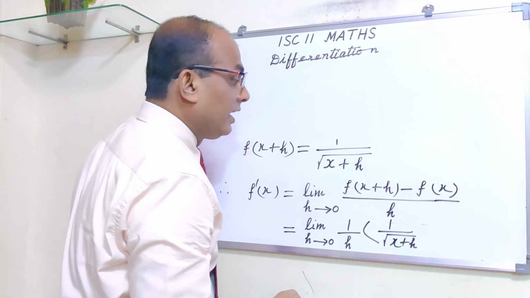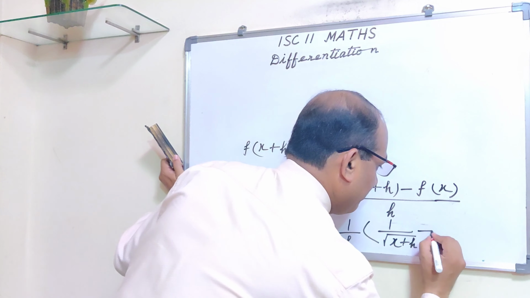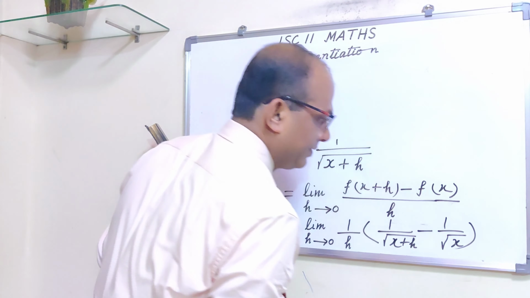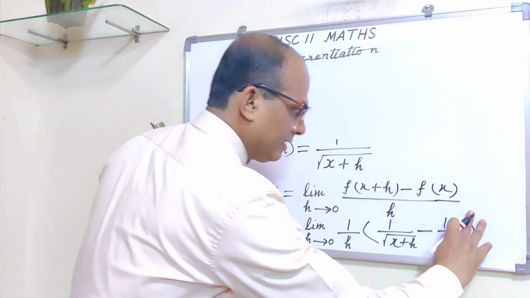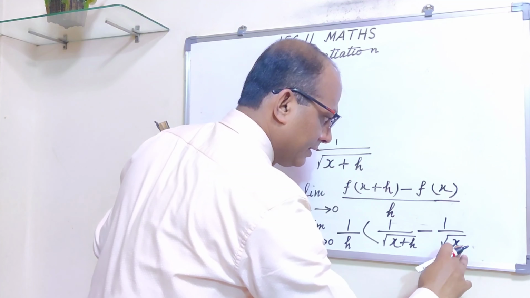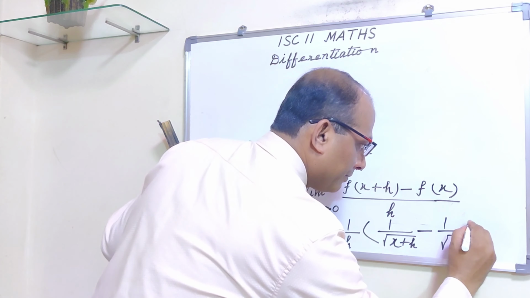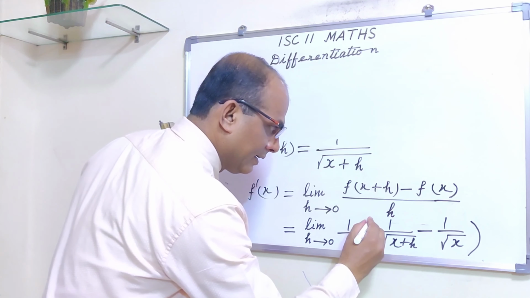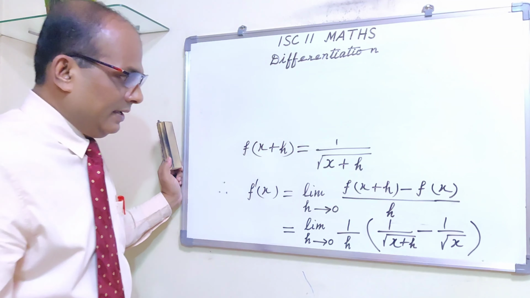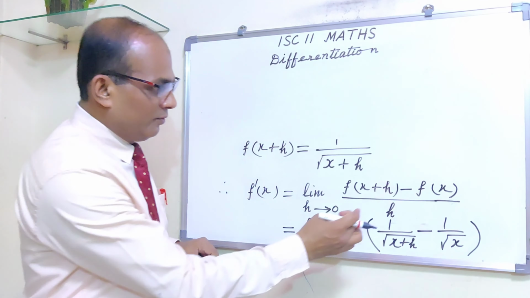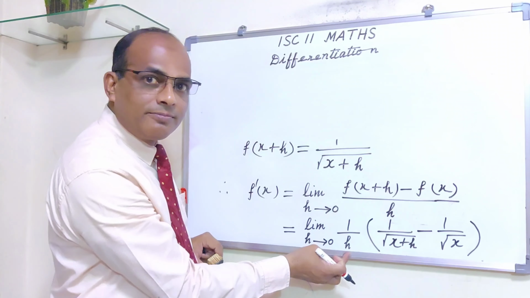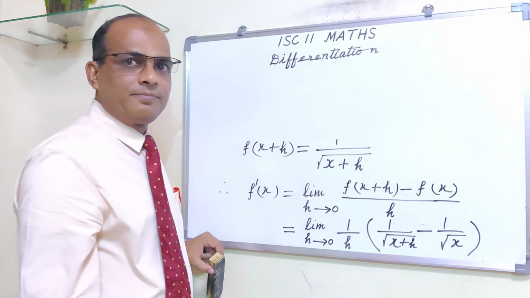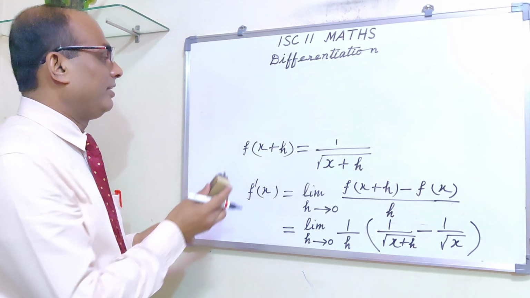And minus f(x), which is 1 upon root x. Got it? Fine. 1 upon h I am writing separate, and f(x plus h) is this, minus as it is, f(x) is this. Now let us simplify.